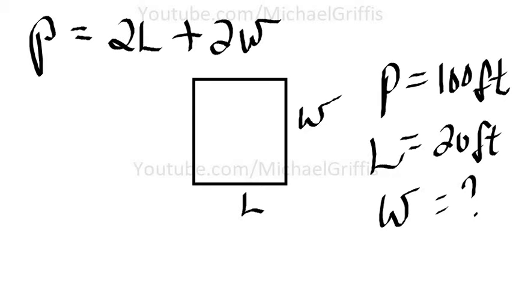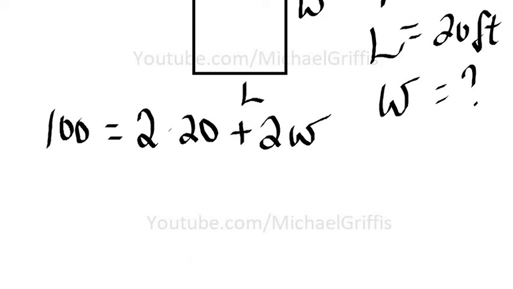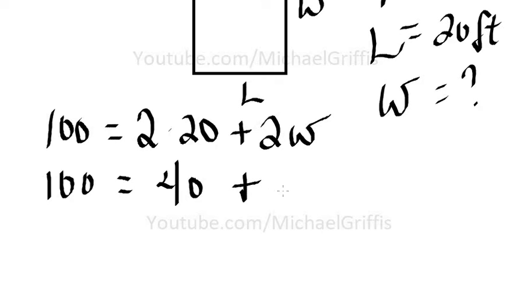The perimeter is 100 feet, 2 times 20, that's our L, plus 2W. And we want to solve for W in this problem. So rewriting, we have 100 is equal to 40 plus 2W.